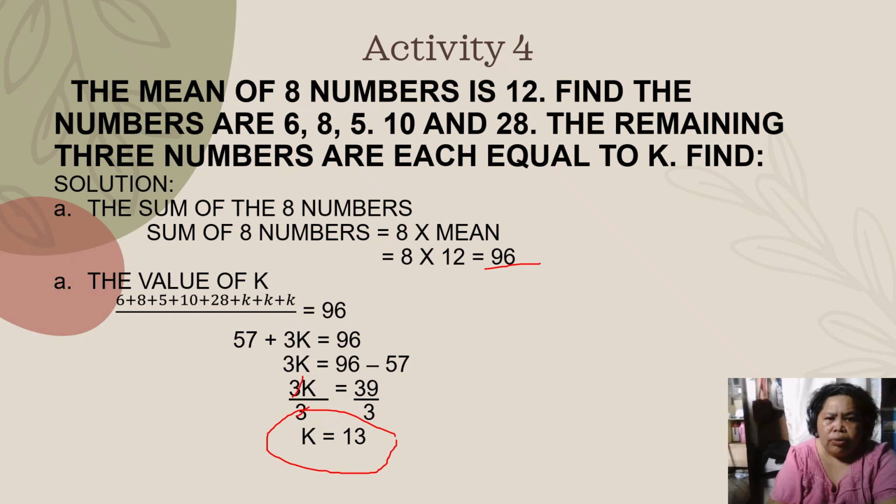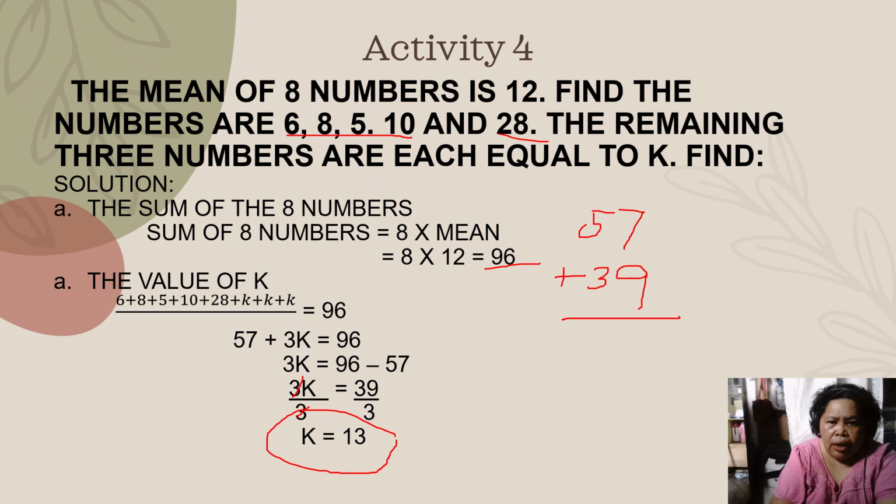Now, how will you know that your answer is correct? You add all of this. The total of these numbers is 57. So 57 plus the 3k's, which is 39, then we have 96.